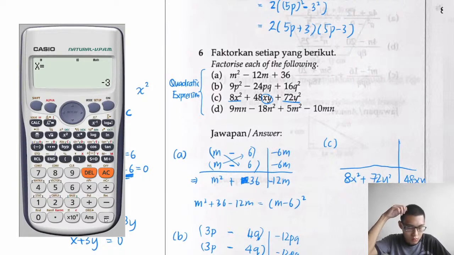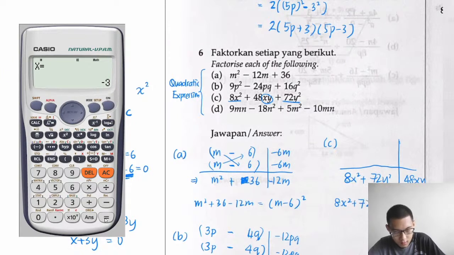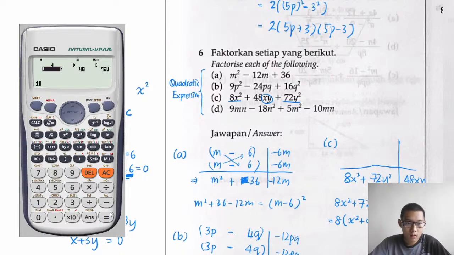Actually we can try to simplify them first. So 8x squared plus 72y squared plus 48xy. Actually you can simplify, because 8x squared plus this one, how much? 72y squared plus 6xy. So when we try again with this one, and then this is 6xy, and another one is plus 9.